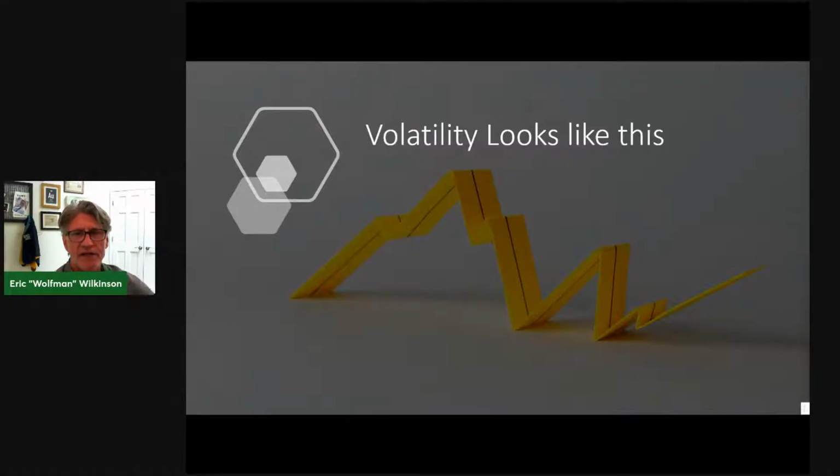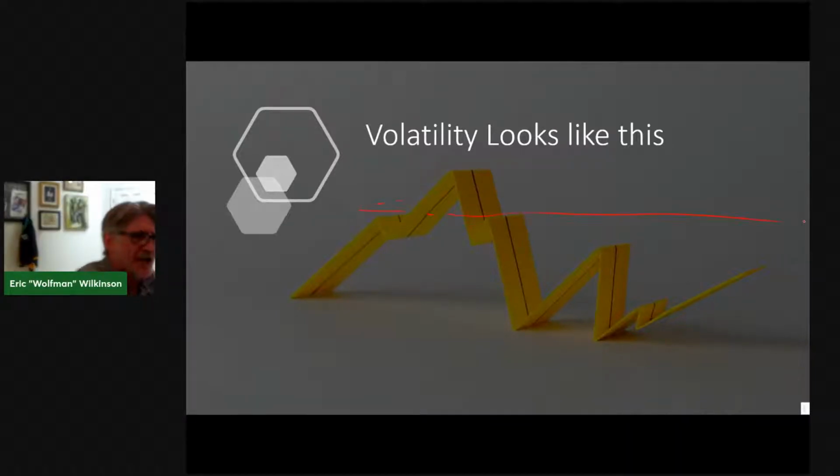But volatility does look like this. I try to hit these tops. Yes, it will break out in some areas, and then that's probably your best bottom, but volatility can go a little bit lower.